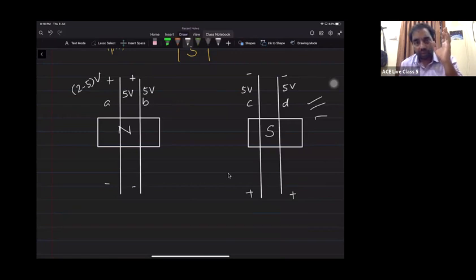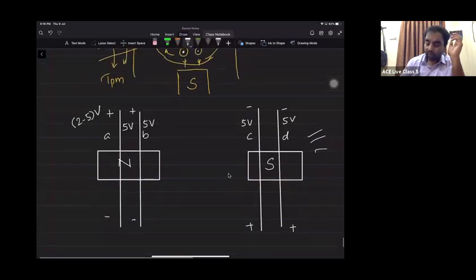No generator will have directly 230 volts in a single conductor. So small voltages will be generated, and those voltages are added up to form a voltage of 230 volts. So if I want to have 230 volts, I need to add up all these individual conductor voltages, right?